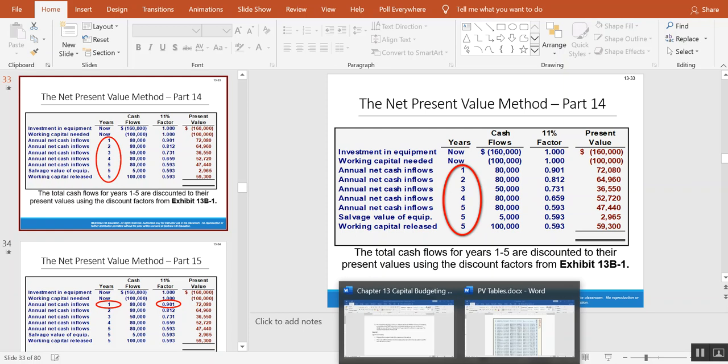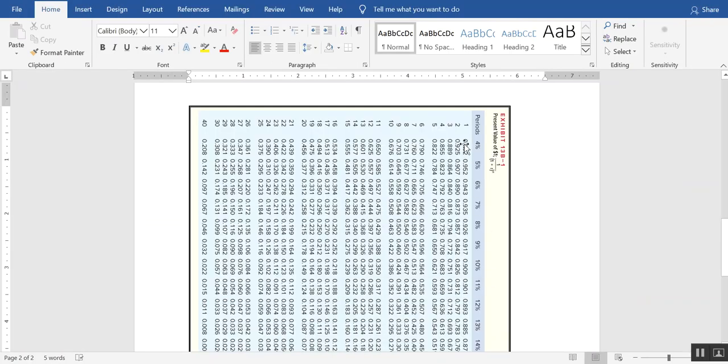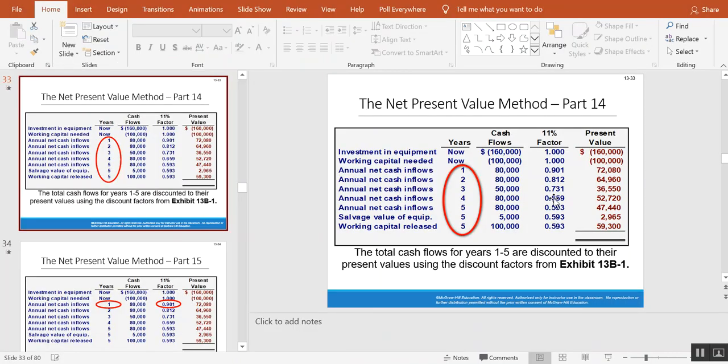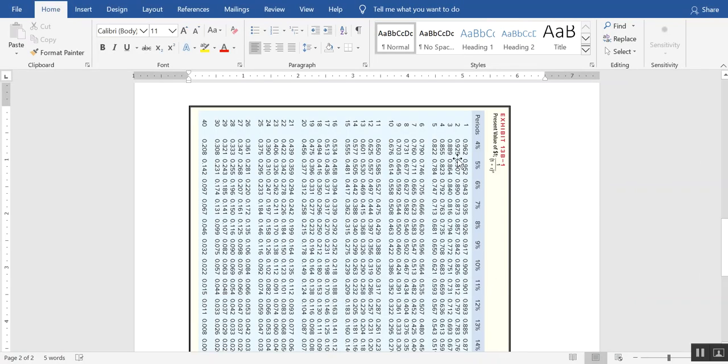You go back to this table and you say year 2 at 11%, it is 0.812. And that's what we use here. Year 3, it's 0.731, and so on. We just keep doing that. If you go back to the table, you'll see that here in year 3 is 0.731 right there. Okay, so that's how we calculate those, all right?